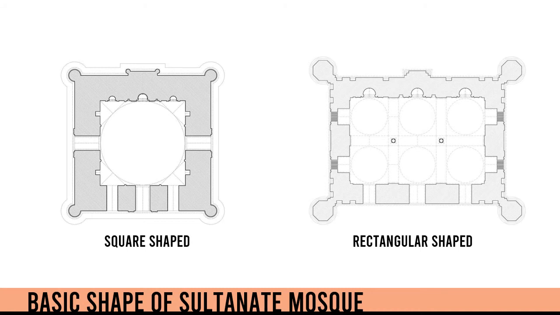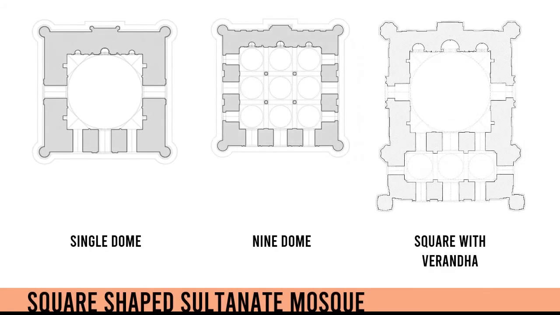The square shaped mosque again is divided into two major categories based on the presence of baranda, without baranda and with baranda. The square mosque without baranda can be further divided into two groups based on the number of domes, single dome and nine dome.